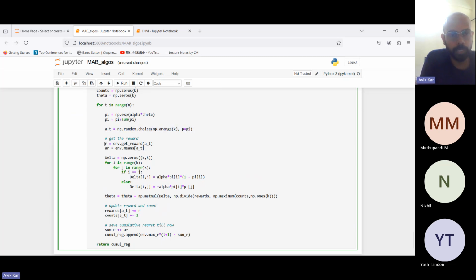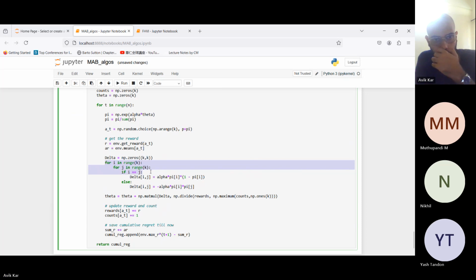Then we are getting the reward from the environment by pulling arm AT. And also AR is basically the mean reward. So this is RT and this is mu of AT, right? And this delta we are initializing, then we are populating the values of the gradient by two for loops.